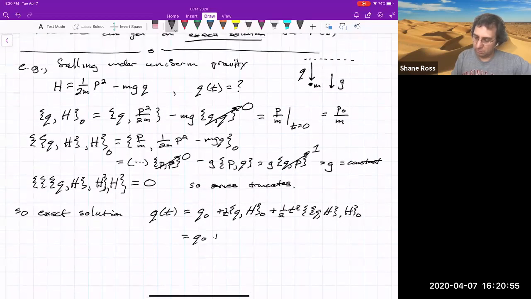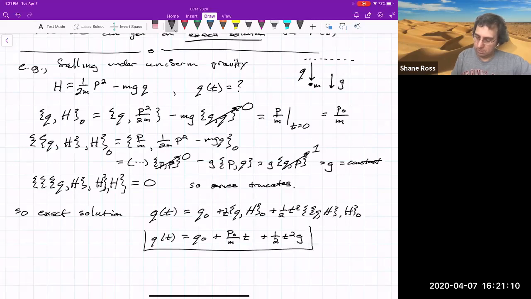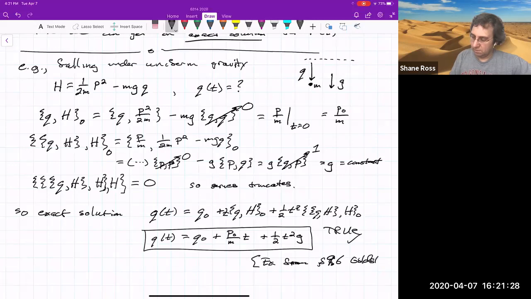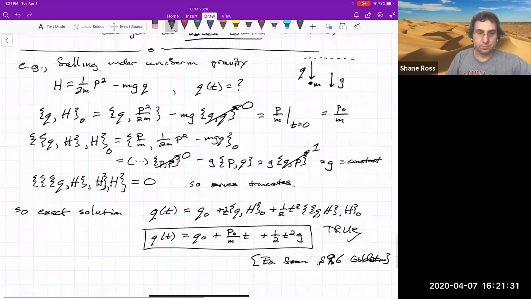So this is Q0 plus initial momentum divided by M times T plus 1/2 T squared G. And so this is true. This example is from section 9.6 of Goldstein. If you wanted to see that again.